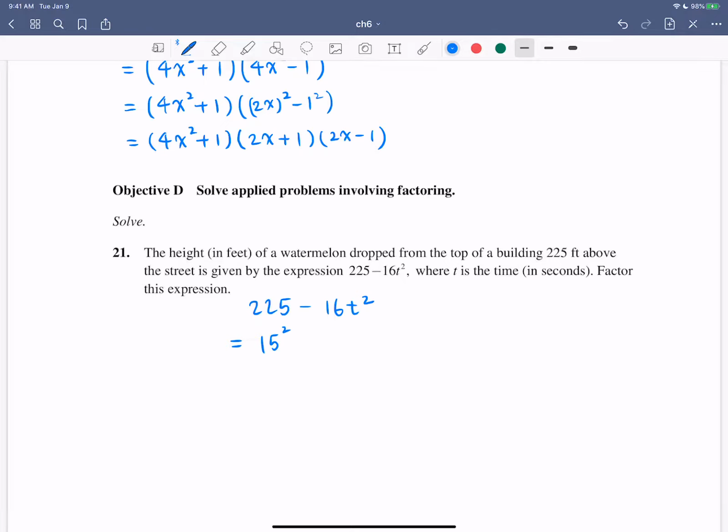And then minus 16t squared, that's 4t squared. Therefore, it's in the desired form of a squared minus b squared. You could use the formula a plus b times a minus b and write the factored form as 15 plus 4t times 15 minus 4t.